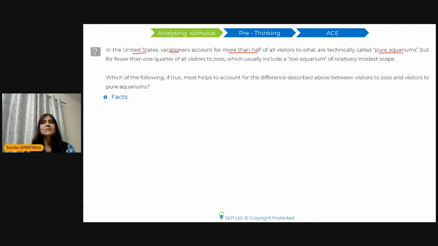It's telling us that vacationers form more than half of all the visitors to pure aquariums. But they account for fewer than 1/4 of all visitors to zoos, and the zoo includes a zoo aquarium. Do they visit the zoo aquarium? We don't know, but they definitely visit the zoo, and the zoo contains a zoo aquarium.